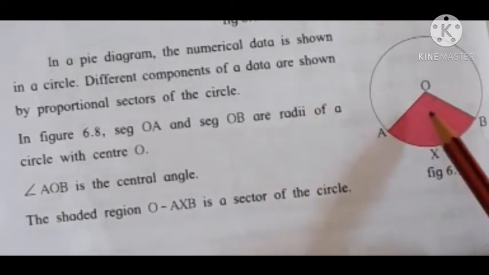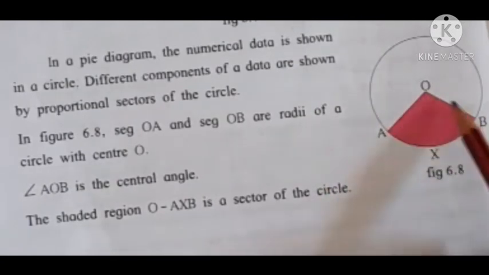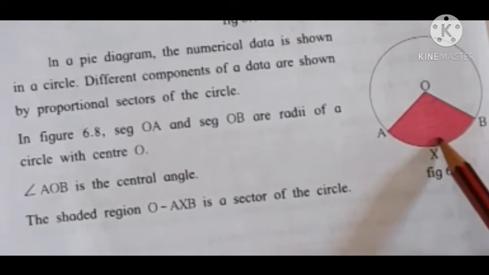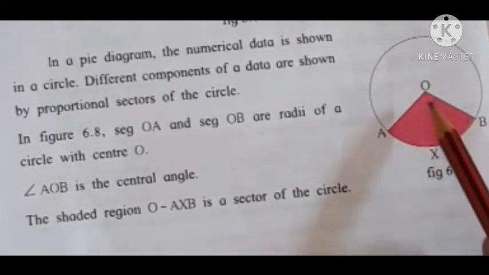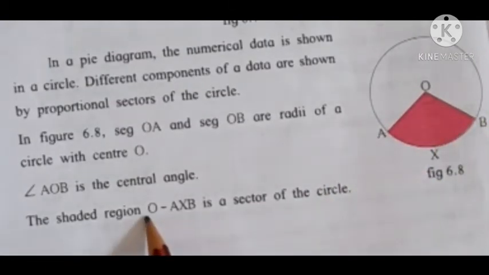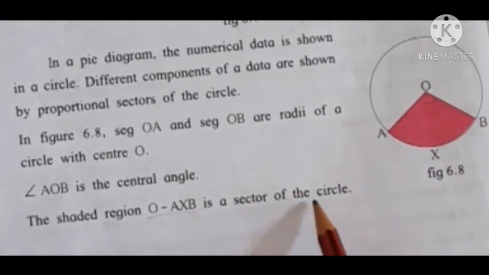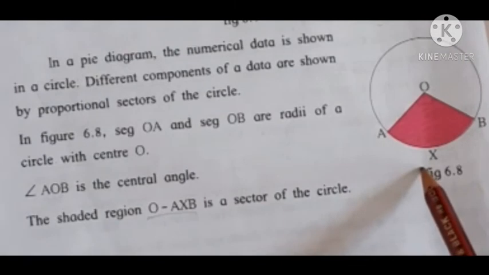The shaded portion, OAXB, is the sector of the circle. We call it a sector. AXB is the minor arc and OAXB is the sector of the circle. We use this sector in our pie diagram.